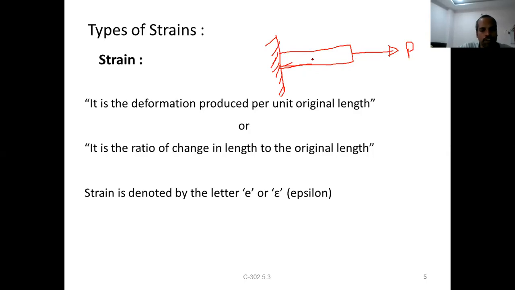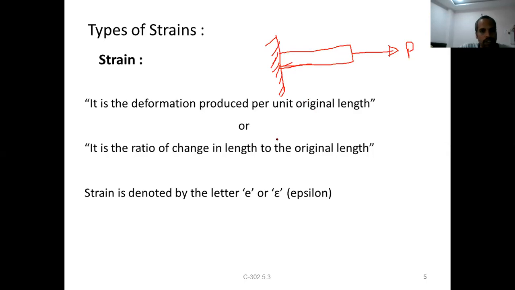Whatever the type of load, compressive, tensile, shear, or bending (which is always accompanied by shear), or twisting, any type of force, right? That is the basic concept of stress and strain.